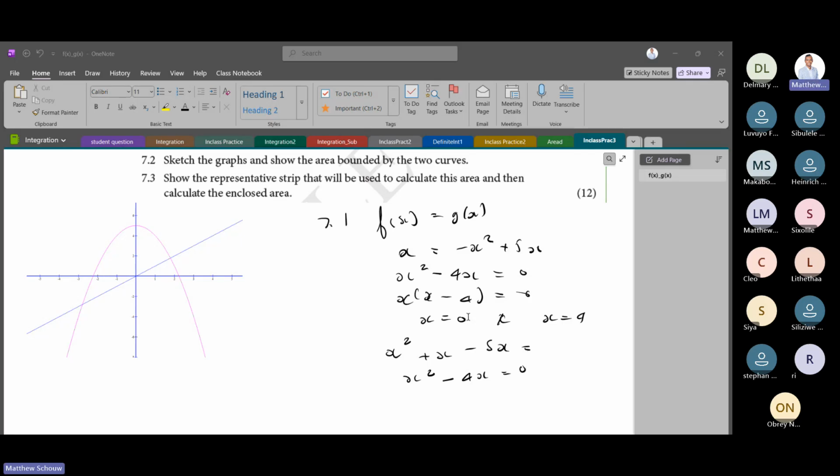Module 6, number 7. Let's carry on with the integration so long. 6.10, number 7.